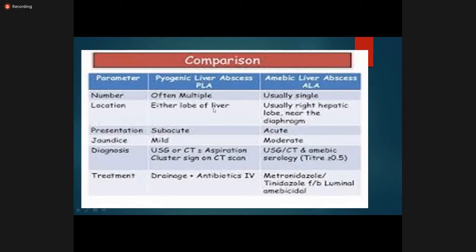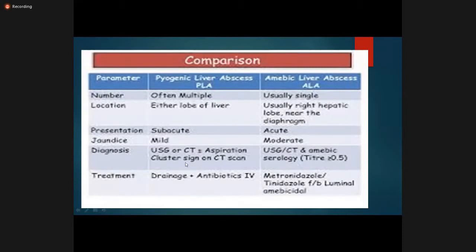Presentation of pyogenic liver abscesses is subacute, whereas that of amoebic liver abscess is acute. Pyogenic liver abscesses are mildly jaundiced, whereas amoebic liver abscesses are moderately jaundiced. So that helps the person look at the clinical jaundice and also the labs.